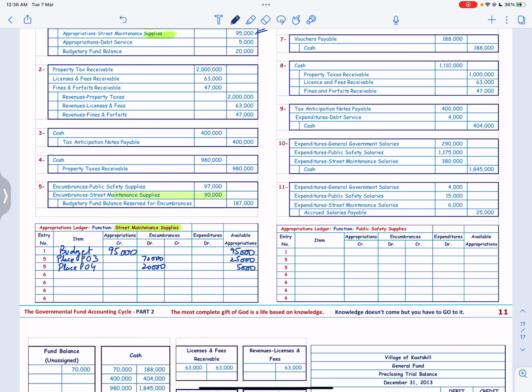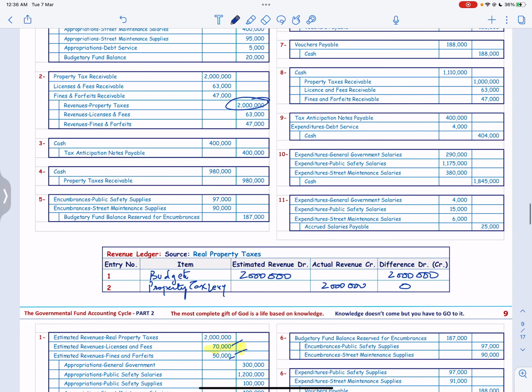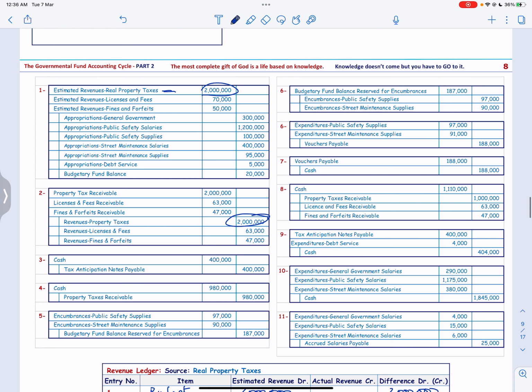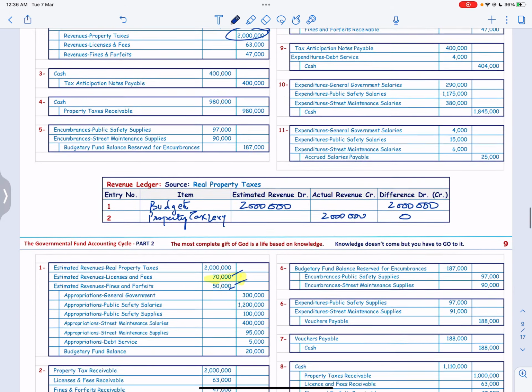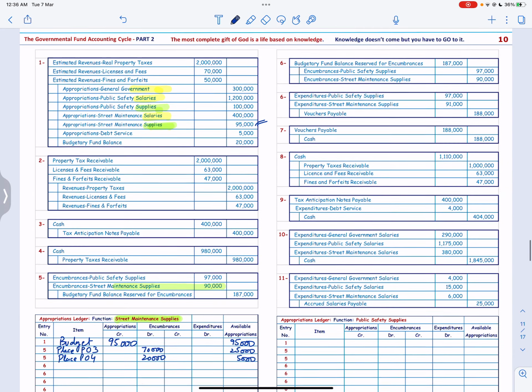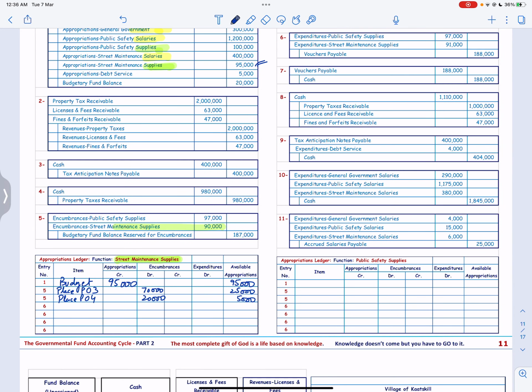Then in transaction number 6, we have received these purchase orders for 70 and 20. This was the placed order, and now we have received purchase order number 3.